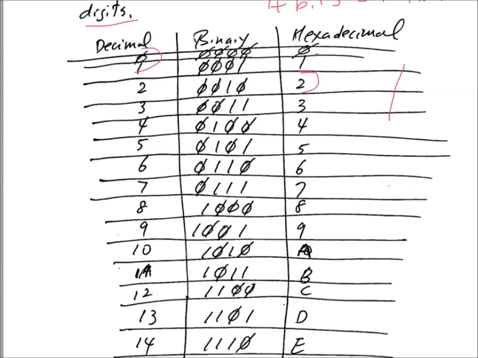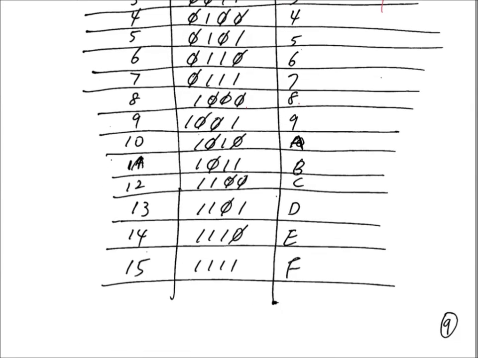For example, 1000 is 8, and 1010 will be A, and 1011 will be B, and so on until 1111, which is the largest number 4 bits can represent. So 1111 will be F.